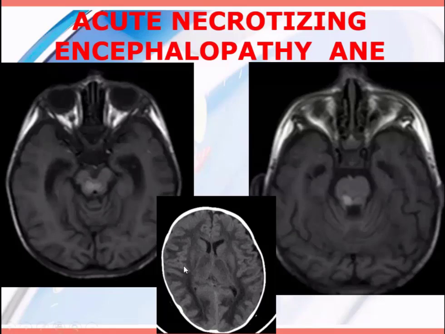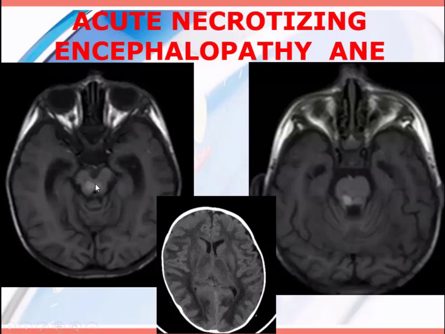All these cases were diagnosed during 2019 as acute necrotizing encephalopathy, and they were referred to the pediatrician to do a swab from the throat, and it was negative for influenza. So this was weird for us. Why, in the radiology and in the literature, is this related to influenza virus? But after that, they reported that COVID also can cause acute necrotizing encephalopathy.